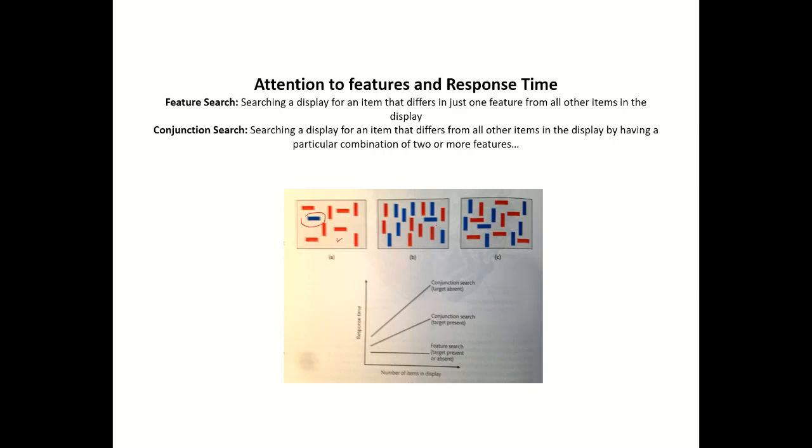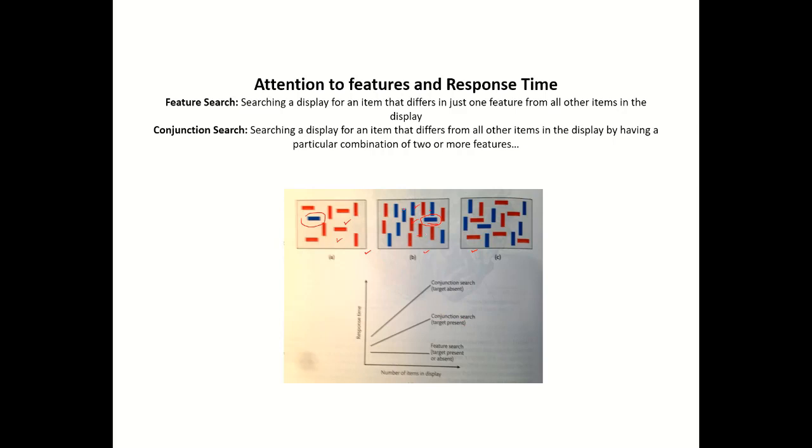Here this is the target, so you have to see the orientation as well as the color, because there are two different colors, red and blue. Here you have only one orientation. So this is harder than this, because you have two different colors, while there the other colors are the same, red. And these two are called conjunction search.